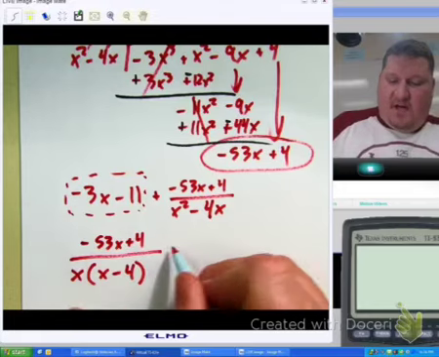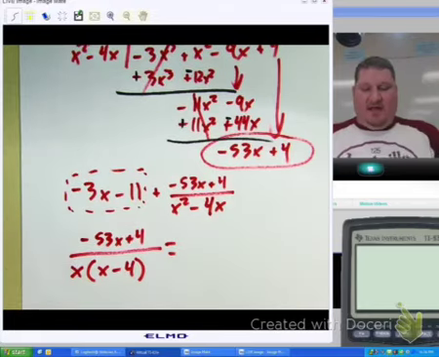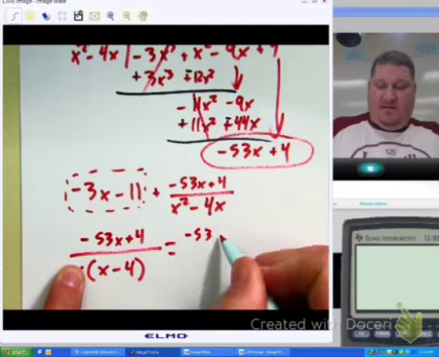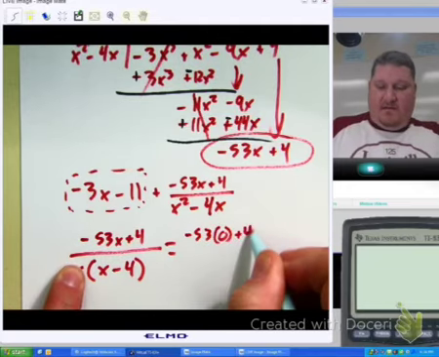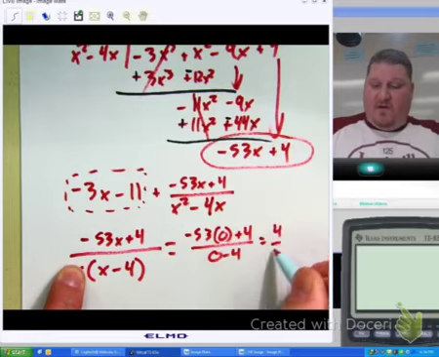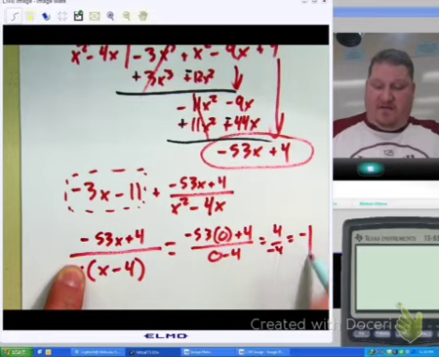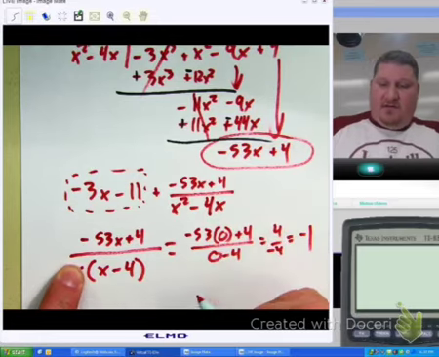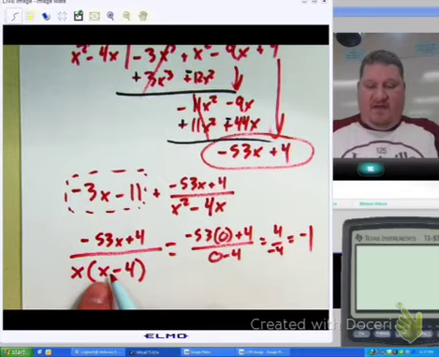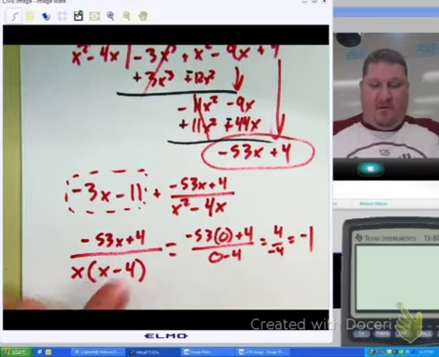All I have to do now is plug in 0 everywhere I see x. And I come up with 4 over negative 4, which is negative 1. I'm going to cover over this and put in 4.